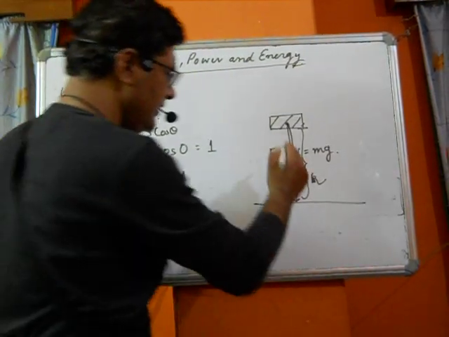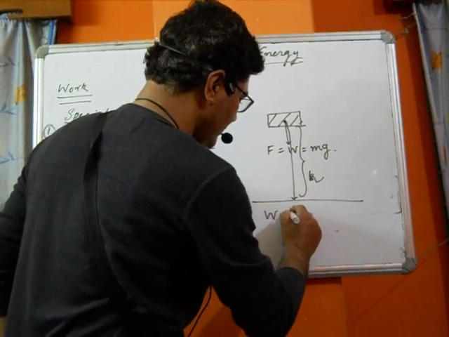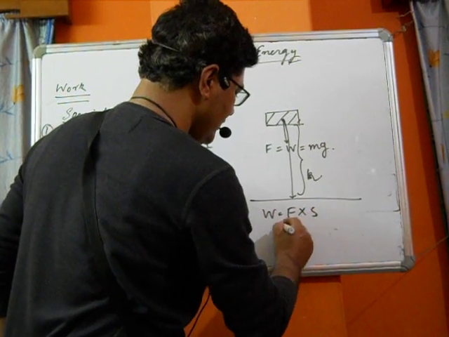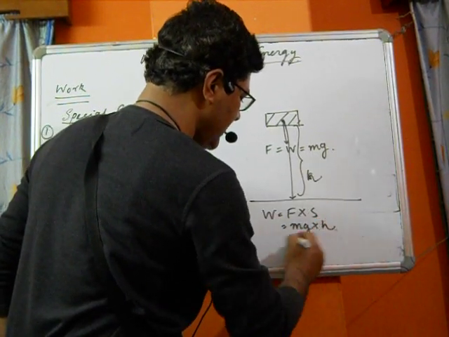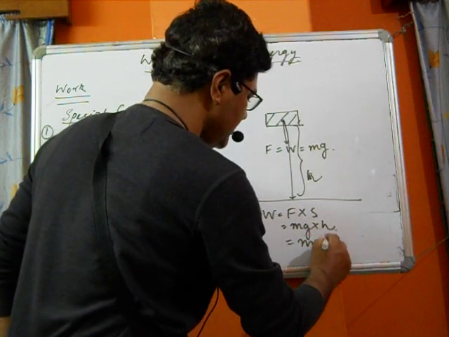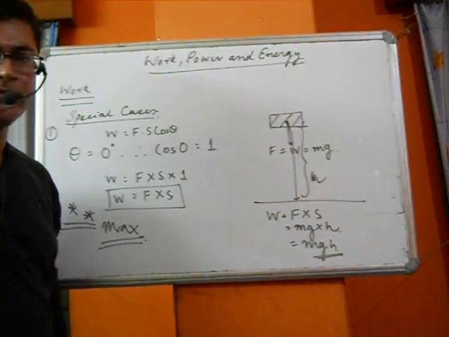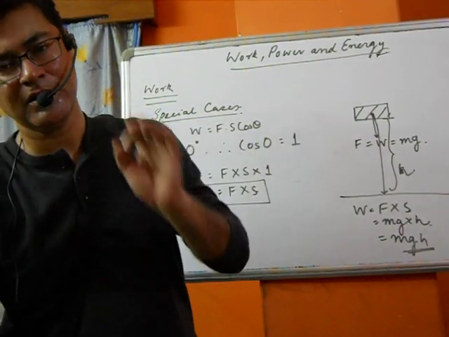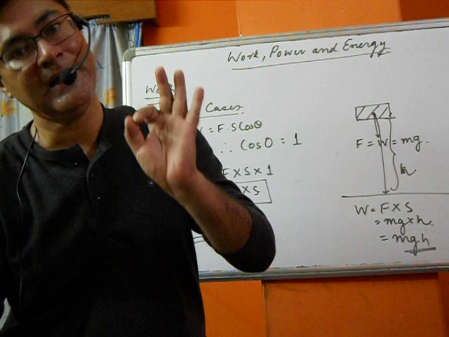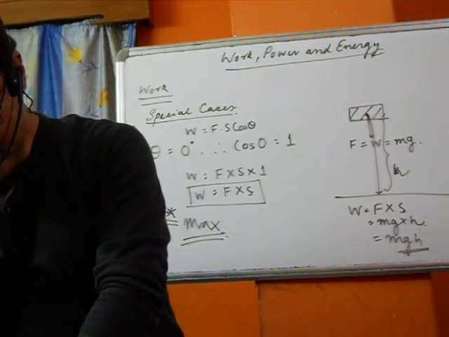That means, here what is the work done? Work done equals F into S. What is the force? mg. Displacement is how much? h. So the work done equals mgh. So for a free fall of the body, when the body falls from a certain height, the work done is given as mgh. Right? Okay.